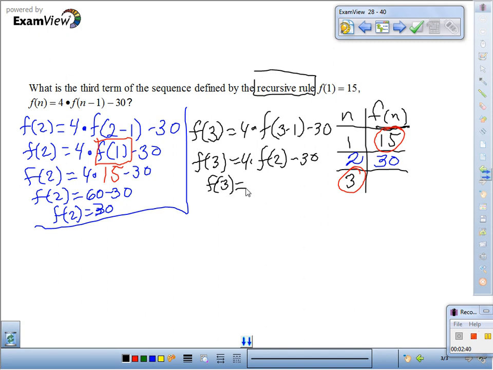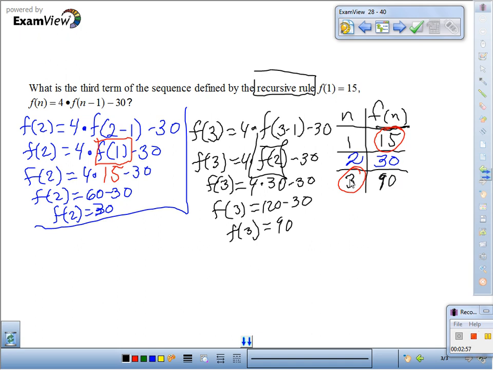What is f of 2? 30 minus 30. F of 3 equals 120 minus 30. F of 3 equals 90. Once you get to this point, just box your answer. You don't have to write it out for this part, since we already know that we're looking for the third term. Okay? Let's go to number 27.